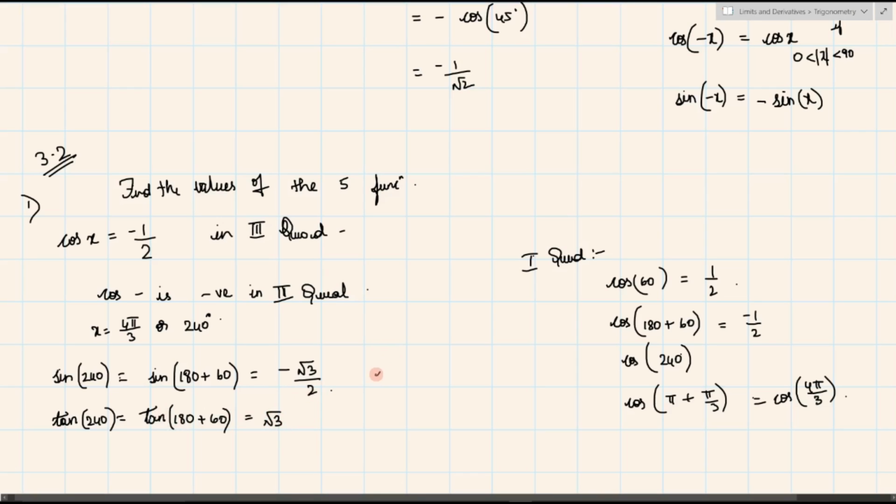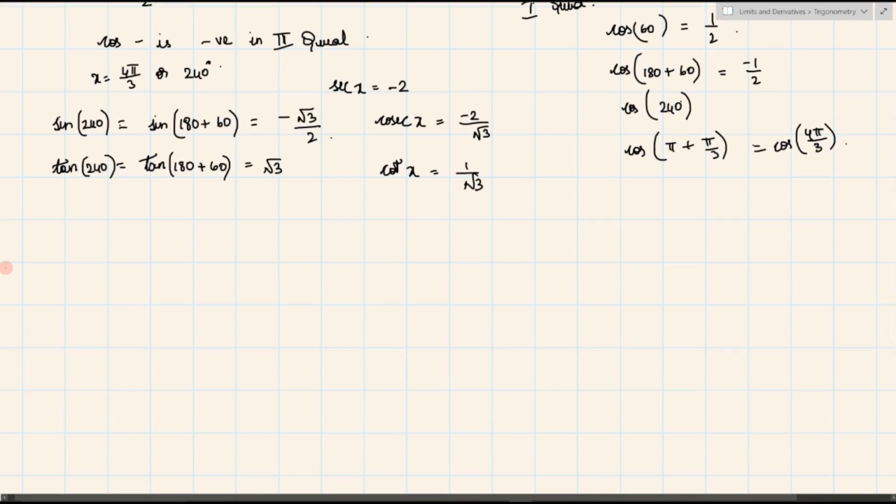Here cosecant x is nothing but the reciprocal of sine, that is minus 2 by root 3, and cot x is nothing but the reciprocal of tan, that is 1 by root 3. Also secant x is nothing but the reciprocal of cos, that is minus 2. We have question 2.